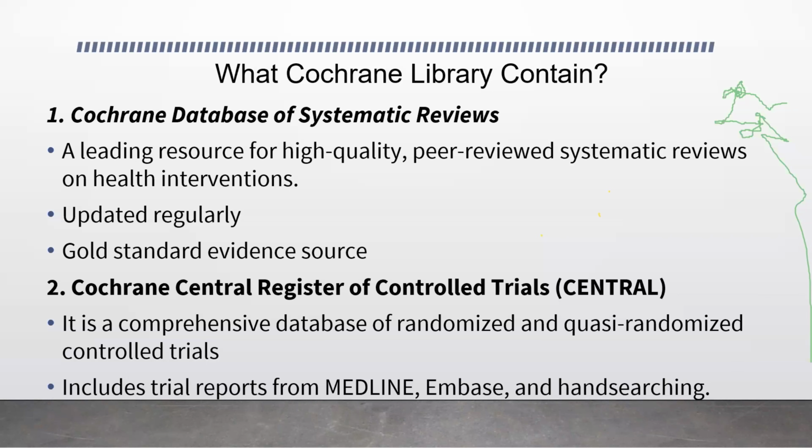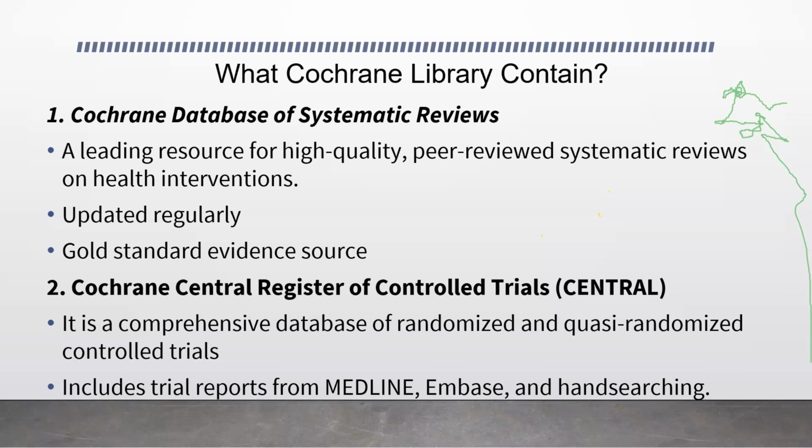That is the primary or the major component of the Cochrane library. So the Cochrane Database of Systematic Reviews is a leading resource for high quality, peer-reviewed systematic reviews on health interventions. It's a gold standard evidence source, and it is normally regularly updated compared to other evidence-based resources.